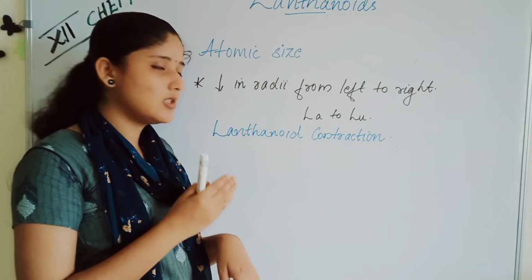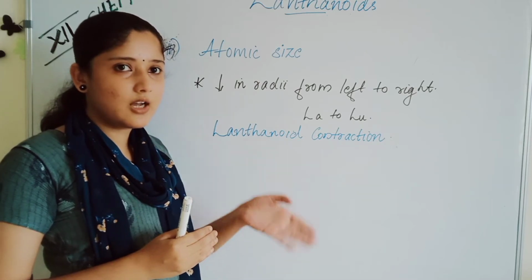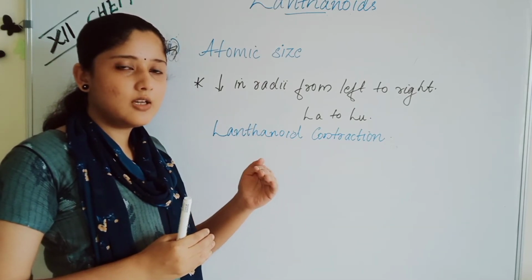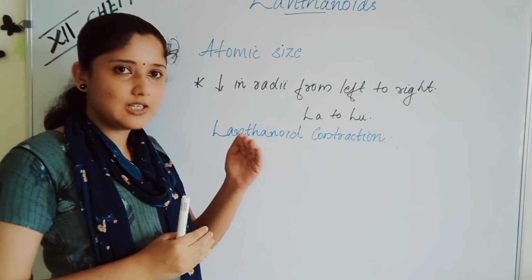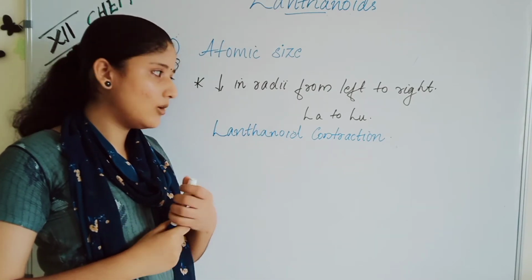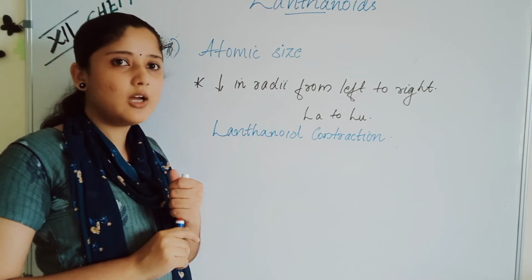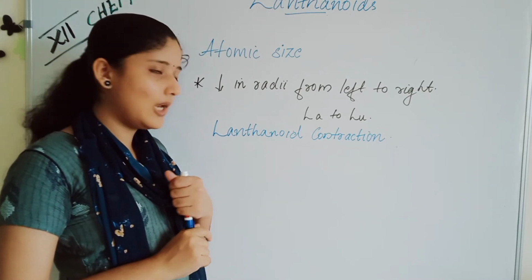As a consequence of lanthanoid contraction, we have studied the graph. Now the radii of the second d series and the third d series are very similar as a consequence of the lanthanoid contraction shown by f block elements.